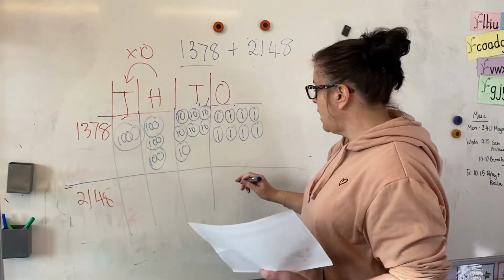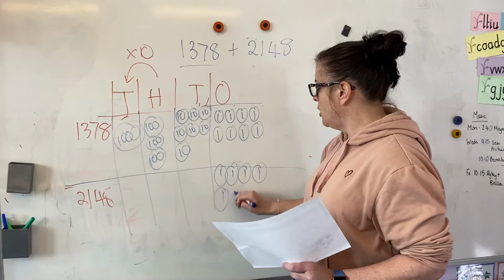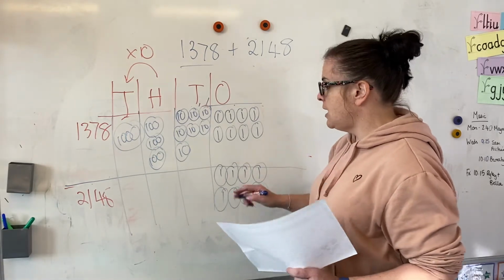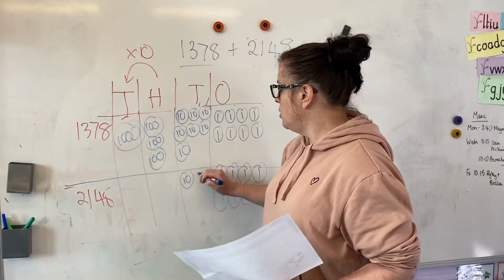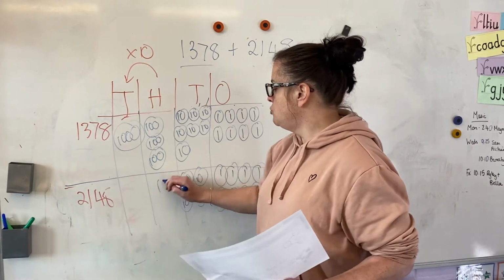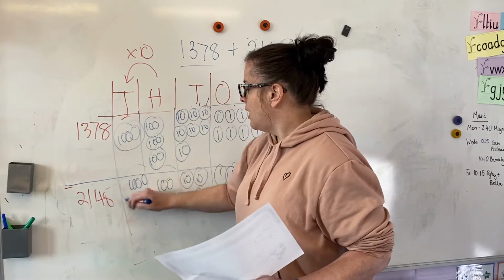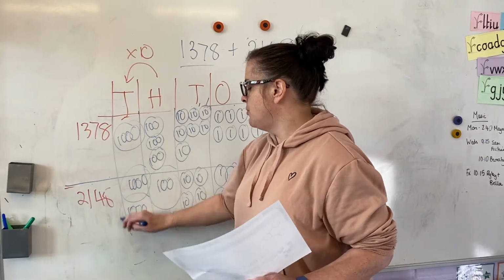Go back to this one. 8 ones. 4 tens. 100. And then 2,000s. And exactly the same way as we did with our base 10.